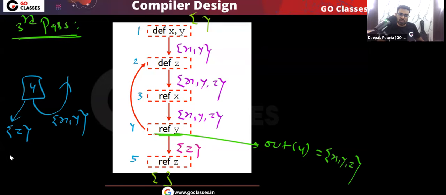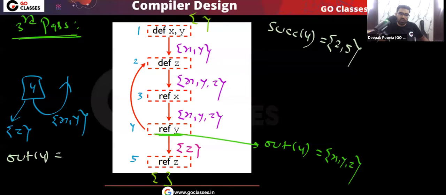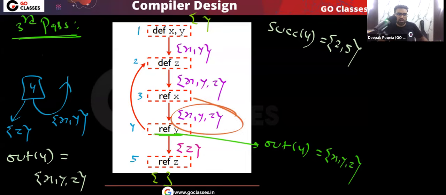You can easily see that statement 4 has two successors, 2 comma 5. Remember, out of 4 will be the union of these two, that will be xyz. So you can see out of 4 has no changes. So in of 4 will also not change, in of 3 will also not change, in of 2 will also not change, in of 1 will also not change.